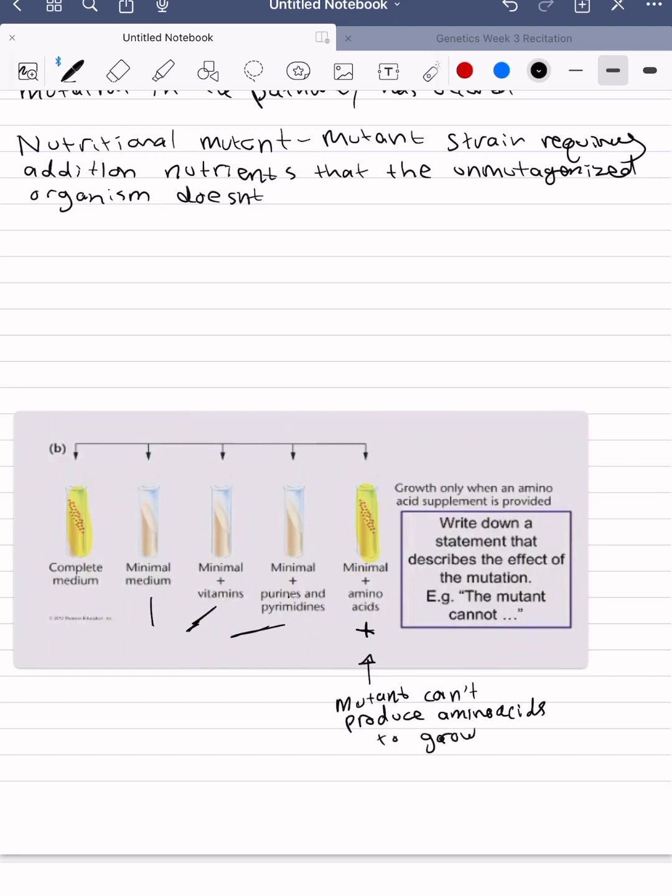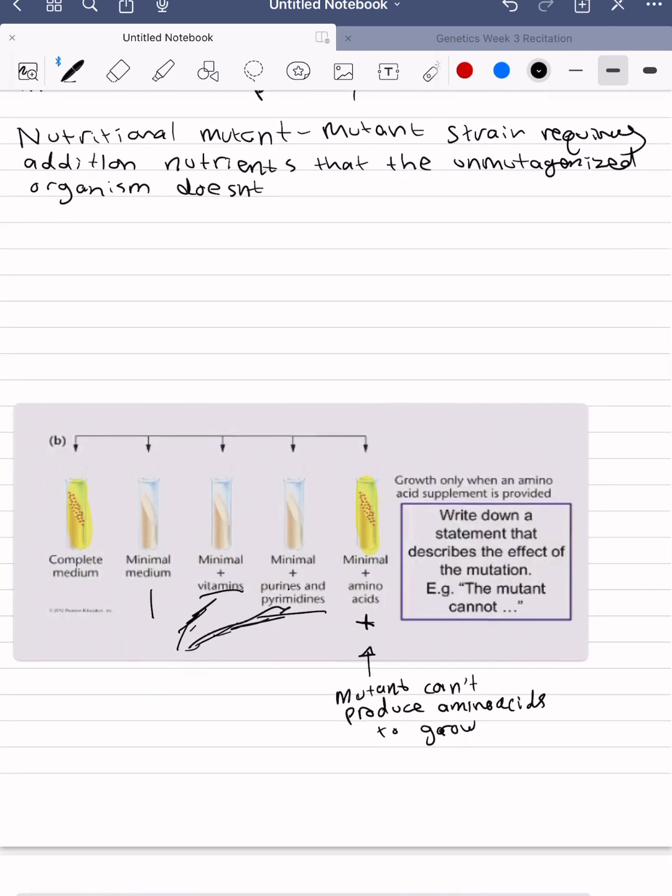But we can see from right here that no growth occurred when vitamins were added or purines and pyrimidines were added. So this tells us that the organism probably already makes both of these. And since it already makes them, the addition of them would not facilitate or allow for the growth of the organism.